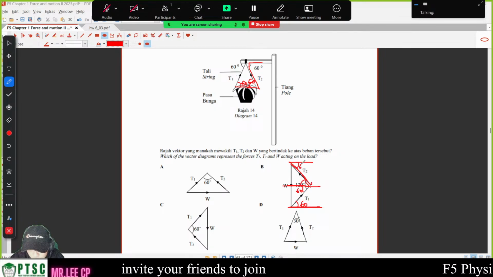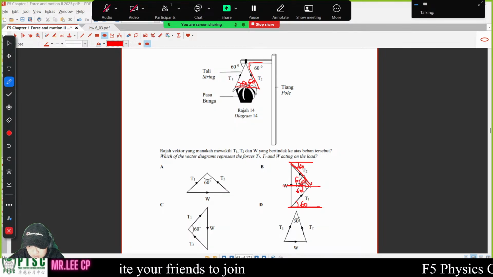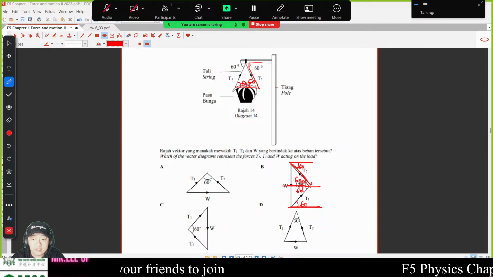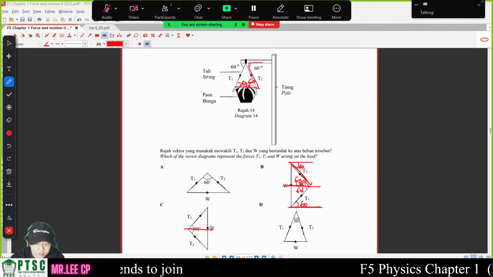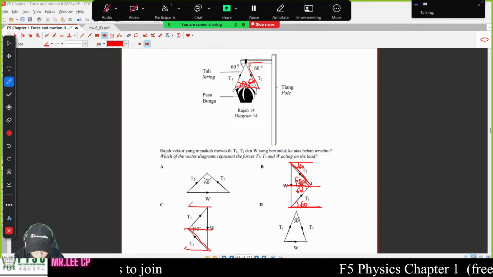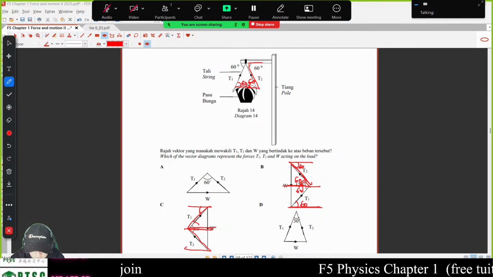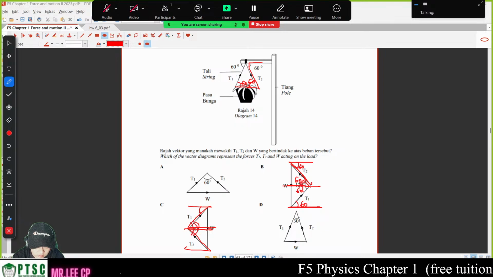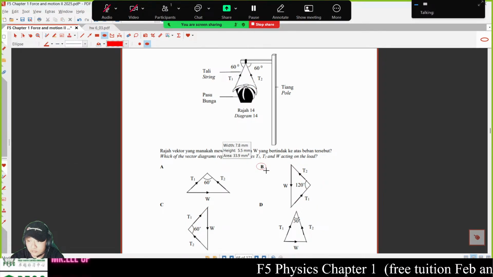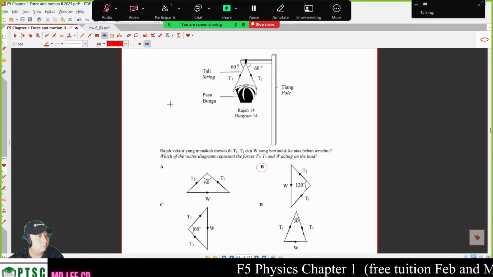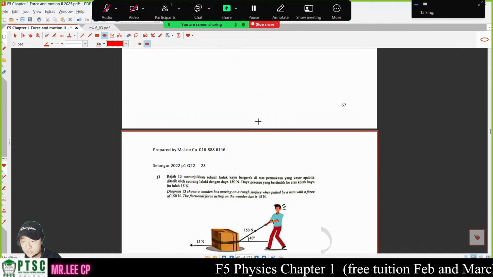T2 to the horizontal is also 60. So this one is 60, 60, 120. But this one is not correct, because the angle between T1 and T2 is supposed to be 60, so this whole thing is already 60. So the answer is B.